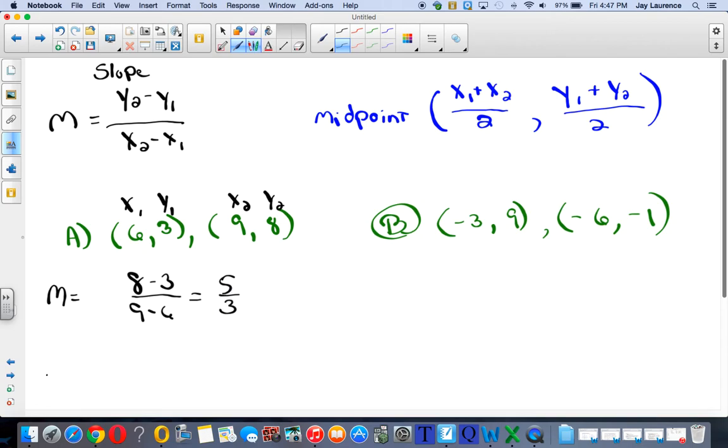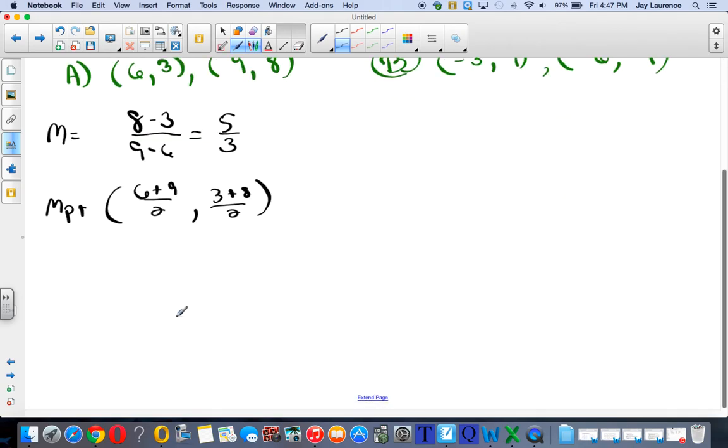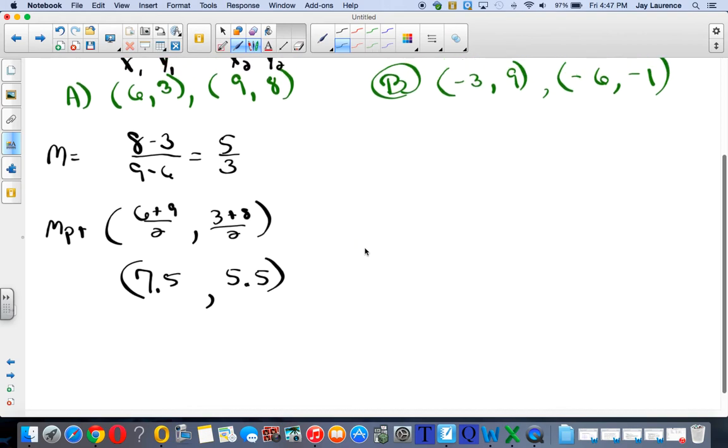Now to get my midpoint, I think it's easier. I'm going to average the x's, so I'm going to go 6 plus 9, divide by 2, and then I'm going to go 3 plus 8, and divide by 2, and I'm going to get 15 divided by 2 is 7.5. And then 11 divided by 2 is 5.5. And there is the midpoint of the segment that runs between those 2 points.